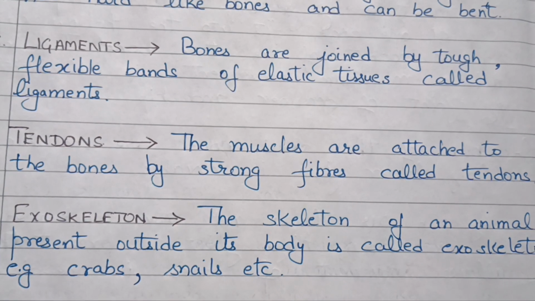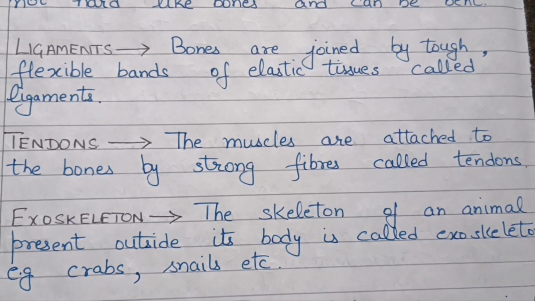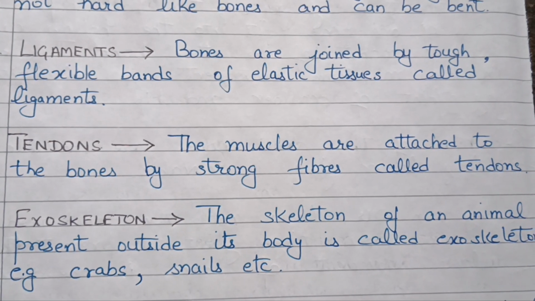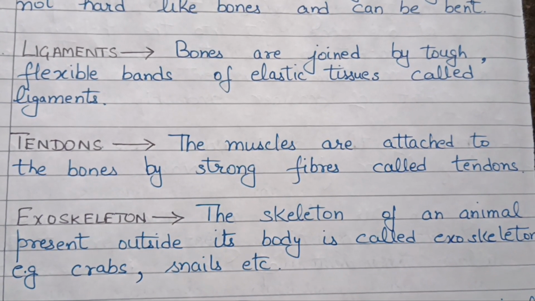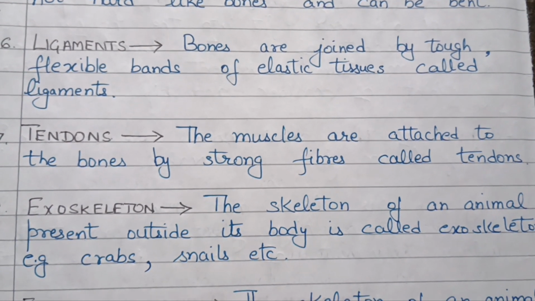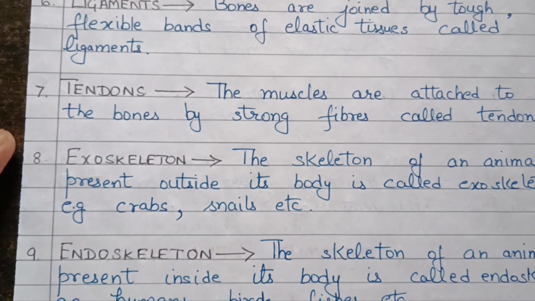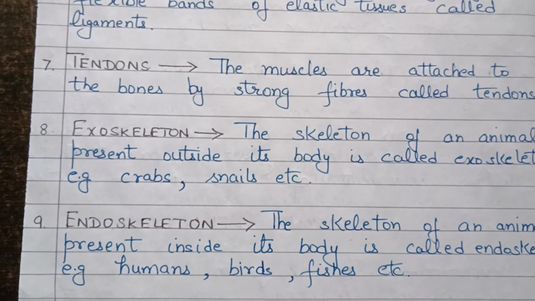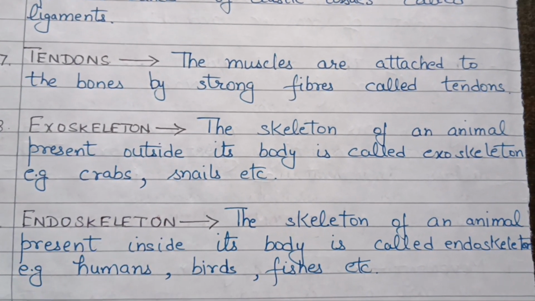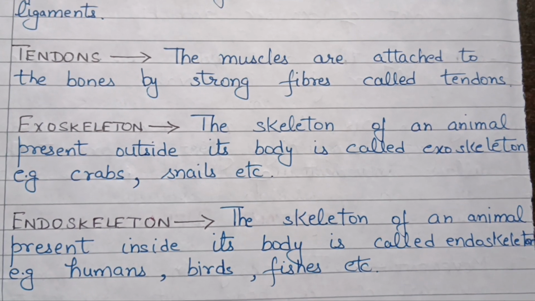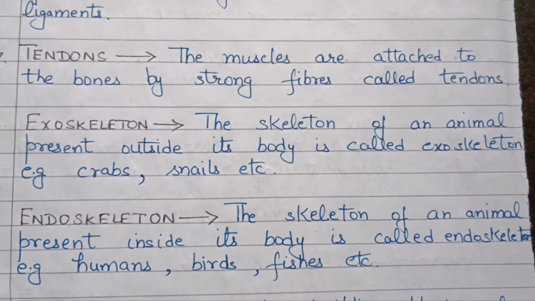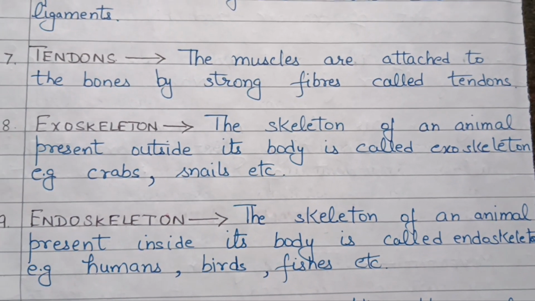The skeleton of an animal present outside its body is called exoskeleton, which is outside the body. For example, in snails, crabs, exoskeleton is present. Endoskeleton. The skeleton of an animal present inside its body is called endoskeleton. For example, in human beings, birds, fishes, etc., there is an endoskeleton.